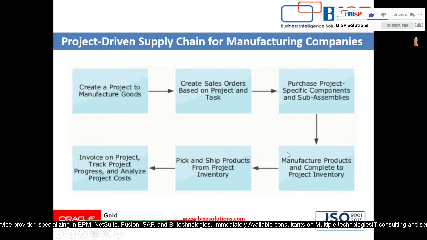After that we pick and ship the product from our project inventory, and then later on we create our invoice for a specific project, right? Then we can track our project as well as the progress of this project, and we can analyze our project specific cost, right? So this is for manufacturing companies, right?